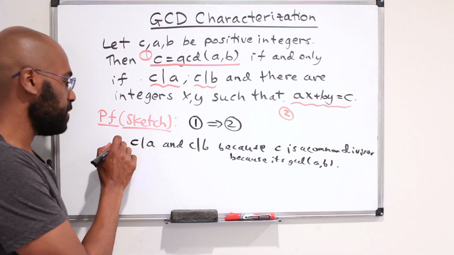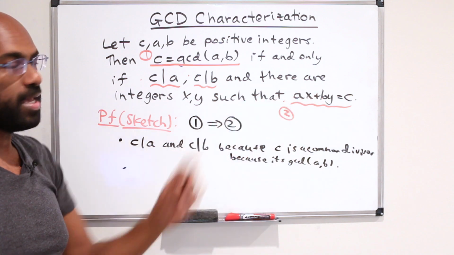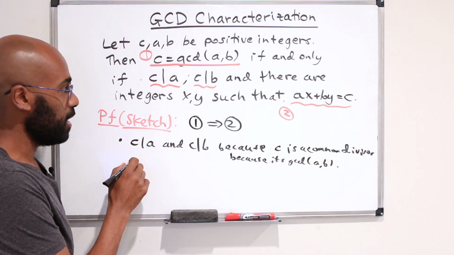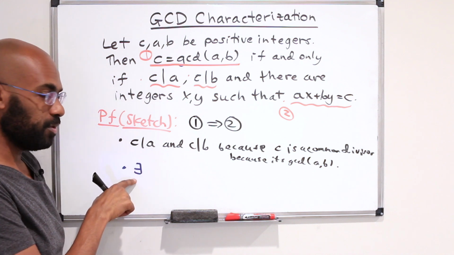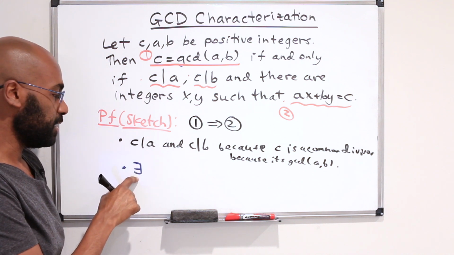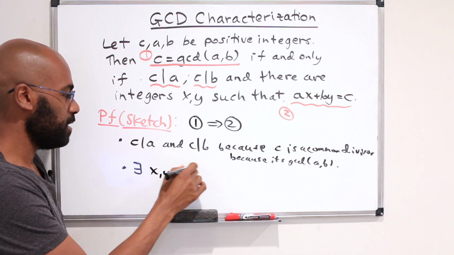Okay, then finally we need to know that C is an integer combination of A and B. This came from Bezout's lemma. So I'll use this symbol for there exists. This is a universal math symbol used for existence. So there exist x and y in the integers.